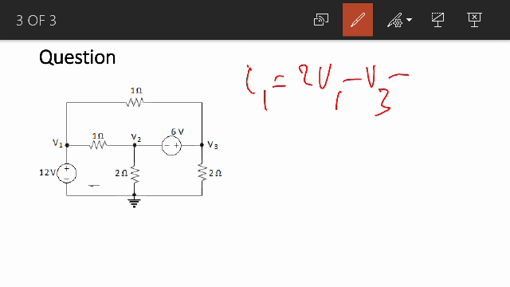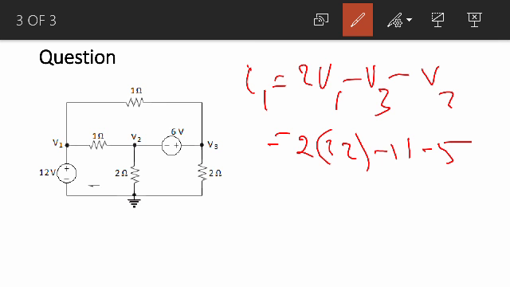Substituting the values, we get 2 times 12, minus 11, minus 5. That means 24 minus 16, which is equal to 8 amperes. So our first current I1 is 8 amperes.